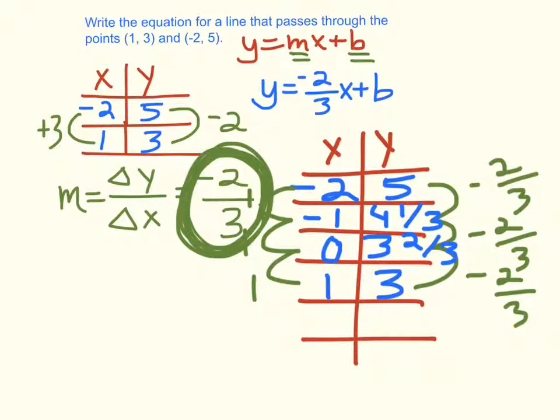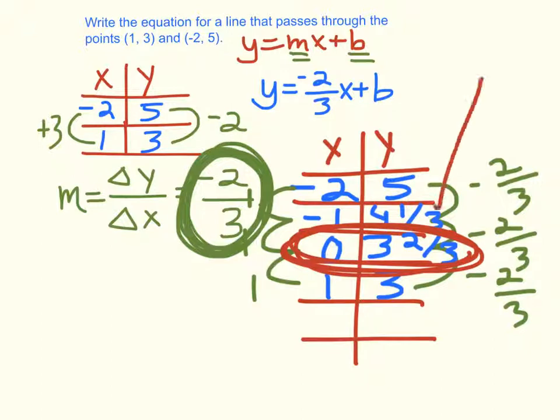And then as a little check, I can see that if I do subtract 2/3 again, I do actually get to the 3. And I knew that (1, 3) was a point on our line. So now, right here in this row in our table, we can see that the y value, 3 2/3, corresponds with an x value of 0. So that is our y-intercept, or our b.